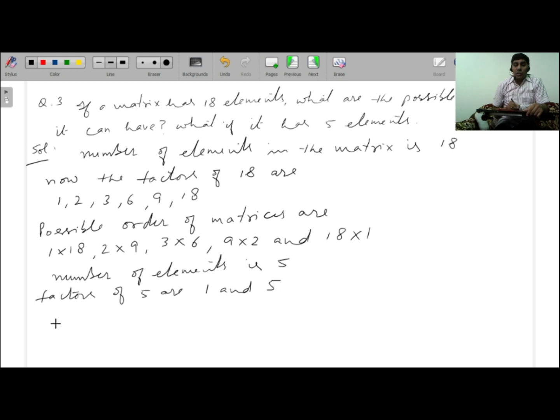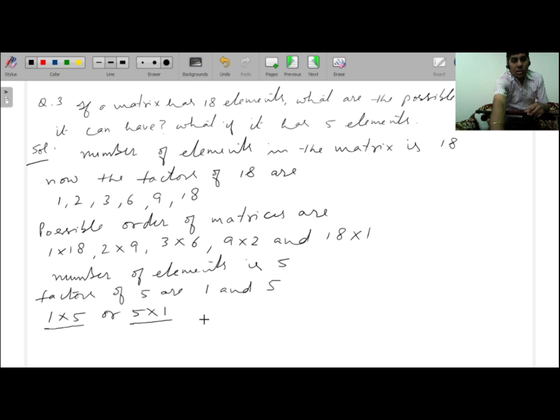So, there are two possibilities, either the order of the matrix is 1 into 5 or 5 into 1. If a matrix is of order 1 into 5, then it is a row matrix, and if a matrix is of order 5 into 1, then it is a column matrix.